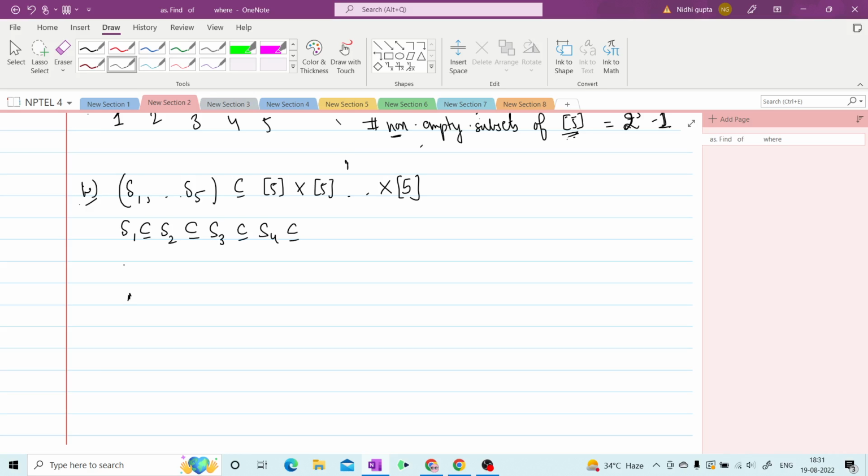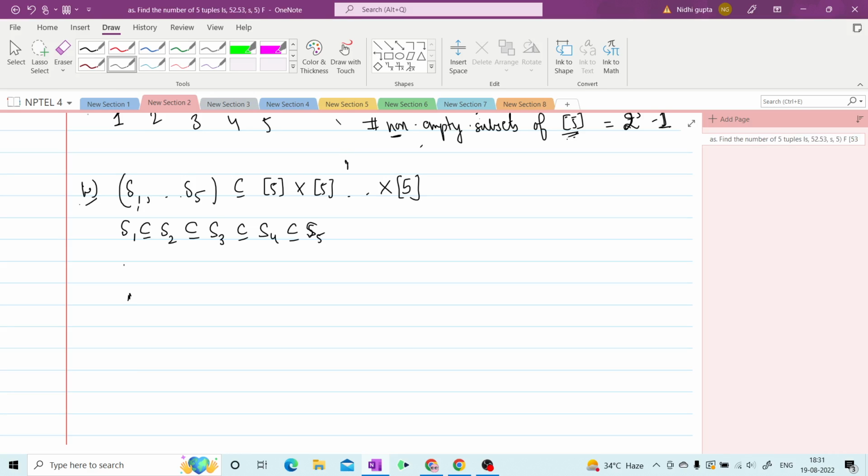So we have this containment. What kind of tuples are we required to find under this condition?